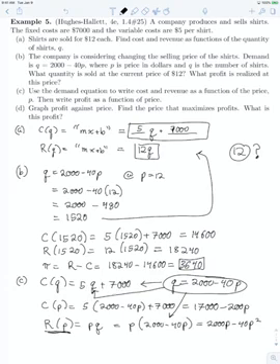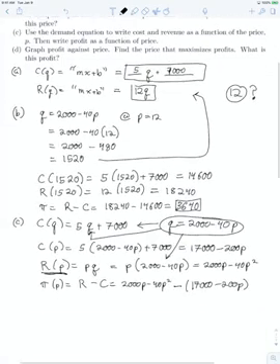Okay, well finally, profit as a function of P is still revenue minus cost. So it's 2,000p minus 40p squared minus 17,000 minus 200p.